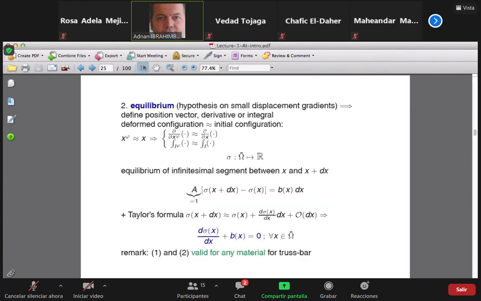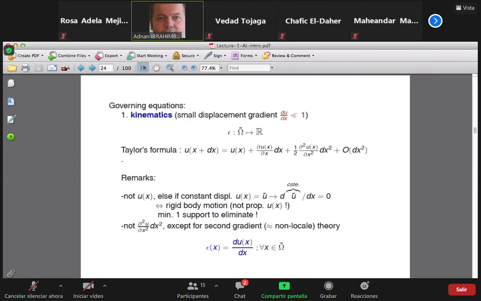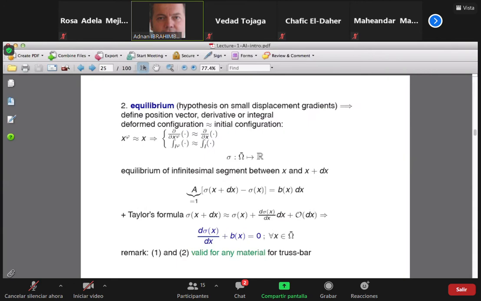Now, as soon as we realize that these infinitesimal strains are very small, in other words, that this is much, much smaller than 1, we can use this to simplify the further development of the equilibrium equation. In other words, the equilibrium equation with the stress, this is called true or Cauchy stress, should really be developed in the deformed configuration.